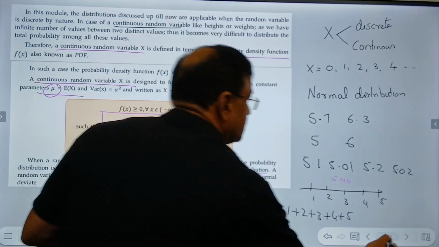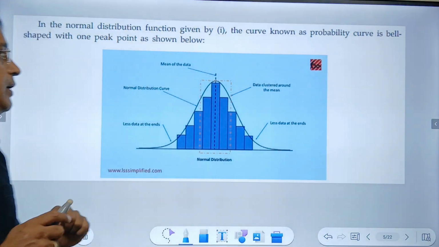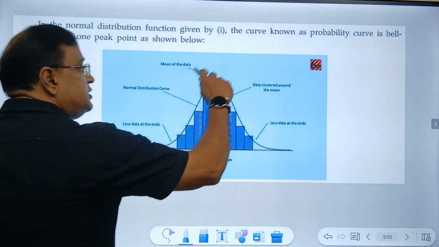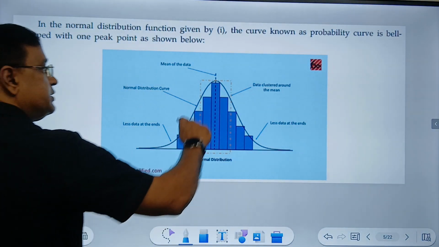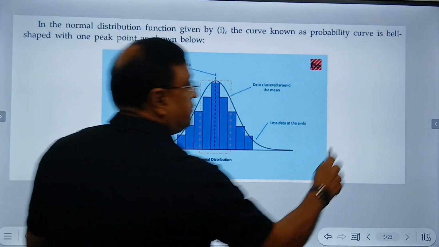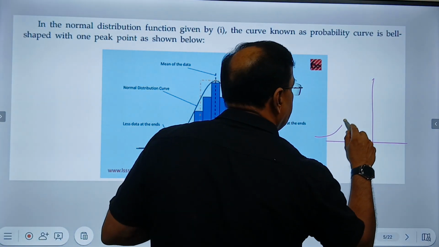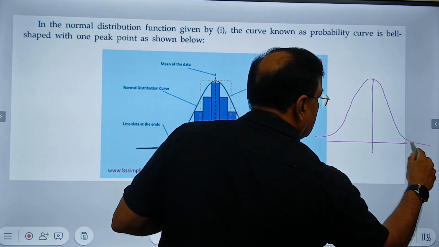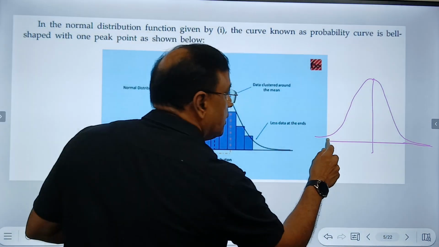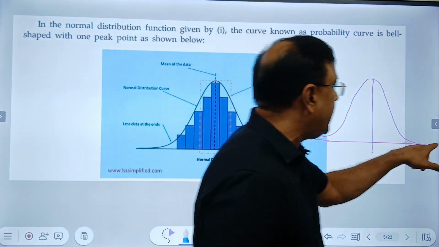Now, this is how your function f of x looks. It is called a bell-shaped curve. This is a normal distribution. In fact, I will draw it separately. It's going to be like this. Here it's not very clear. It's a bell-shaped curve. It will never intersect the axis.